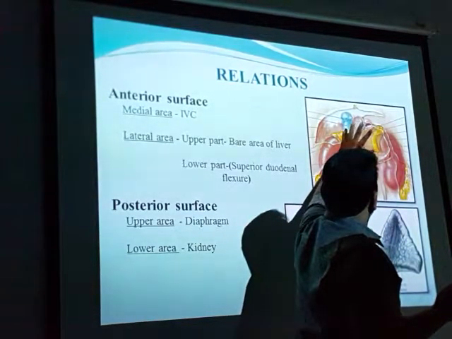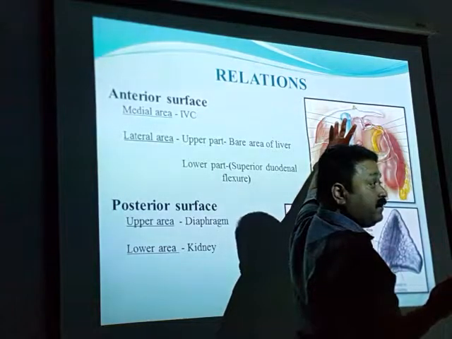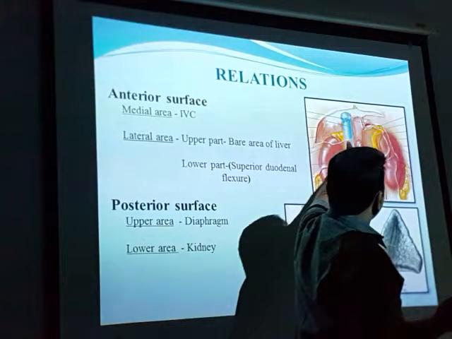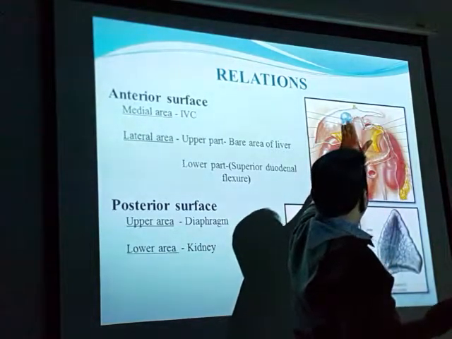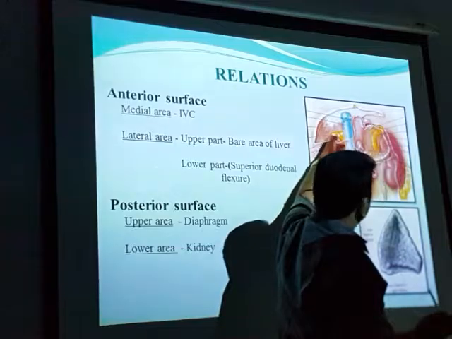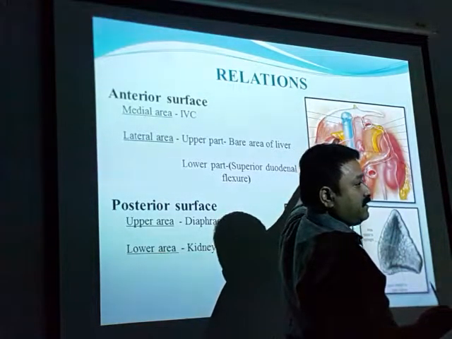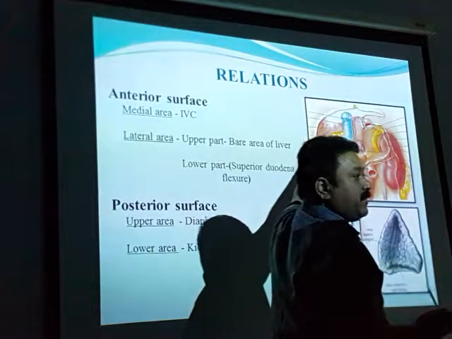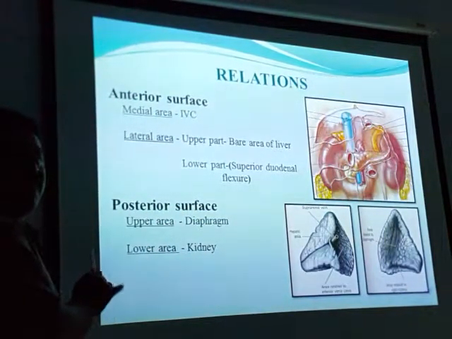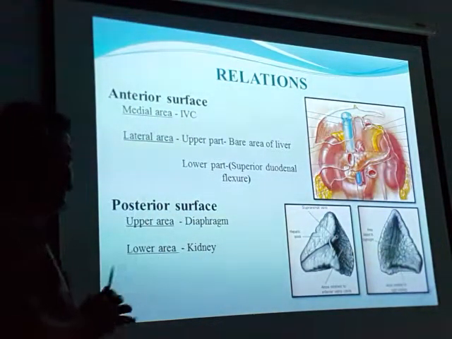The medial area is related with the inferior vena cava, whereas the lateral area is again divided into an upper and a lower part. The upper one is related with the bare area and the lower one with the superior duodenal flexure. Is it clear now?